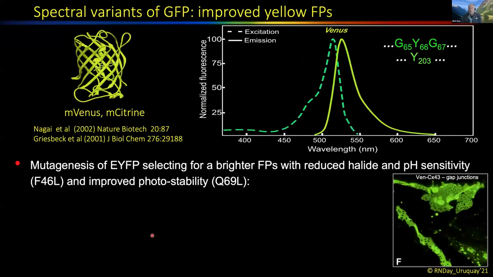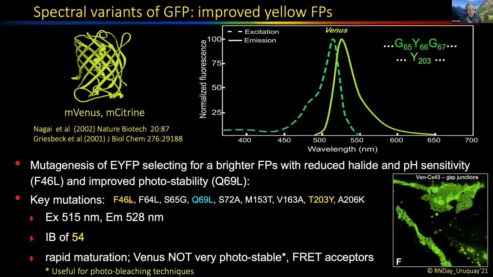Also, yellow fluorescent proteins came out of the early mutagenesis screens, of which mVenus and mCitrine are among the best. They're still very useful, even though they were generated nearly 20 years ago. A number of mutations were introduced, but the key mutation they found was a mutation in the beta barrel that actually contacts the chromophore.